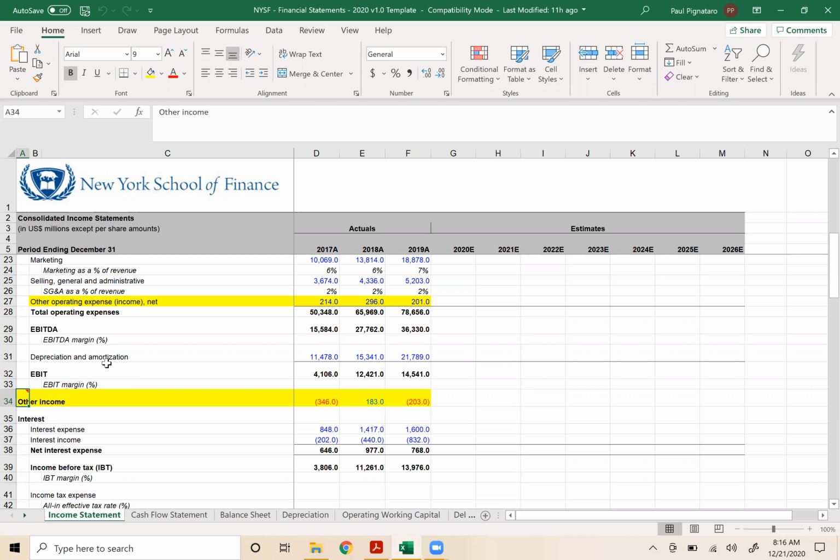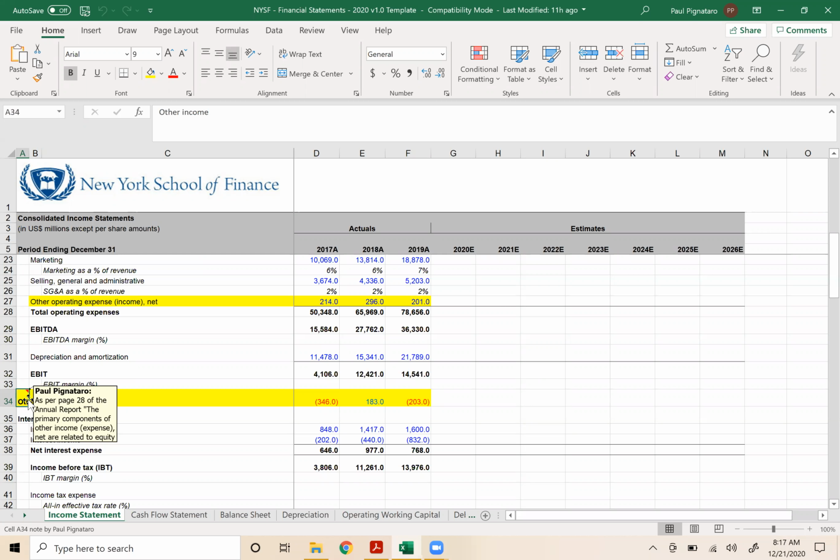First of all, it depends on what you're doing. So, for example, if you are building a model on this company because you are looking to purchase this company, then you want to think about, well, this other income line item, if I buy this company, will this other income line item continue to be there if I purchase this company?